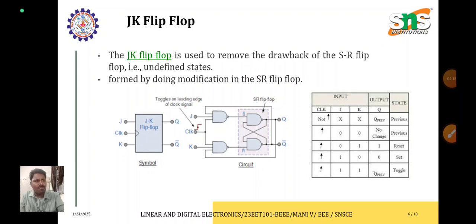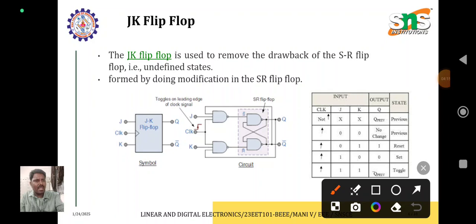In the JK flip-flop, that issue is eliminated. If J is 1 and K is 1, you get a toggle. What is a toggle? If the previous output is 0, you get 1, and if the previous output is 1, you get 0.